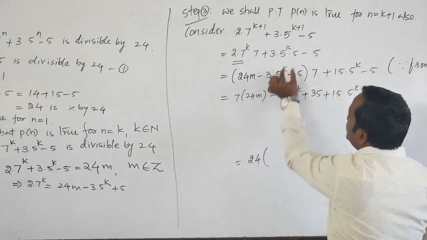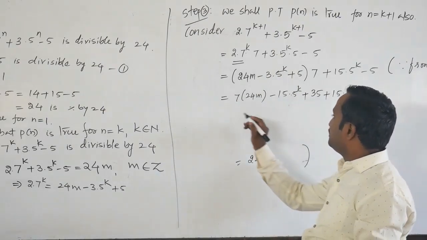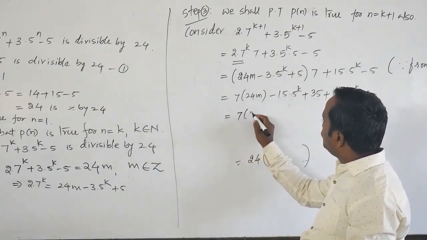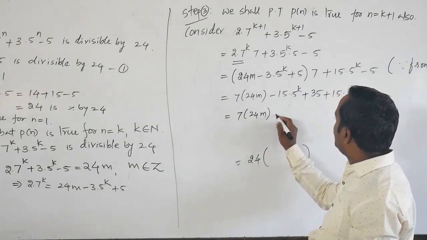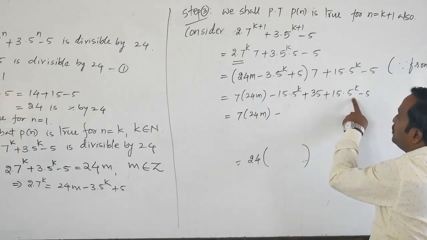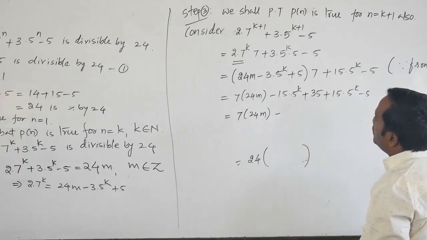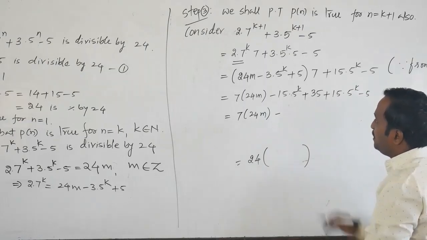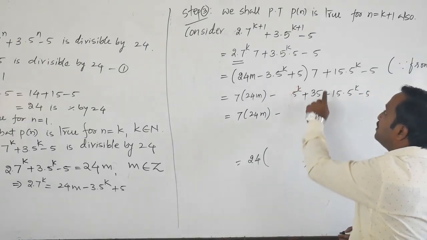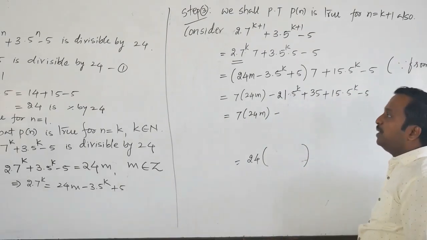ನೀವೇನು ಮಾಡಬಹುದು, 3 into 5 raised to k ನ ಎಲಿಮಿನೇಟ್ ಮಾಡ್ಕೊಬಹುದು ಅಲ್ಲಿ. So next, 7 into 24m, further simplification ನೋಡಿ: minus 15 into 5 raised to k plus 15 into 5 raised to k cancel ಆಗ್ತದೆ. So 7 3s are 21, so 21 into 5 raised to k.